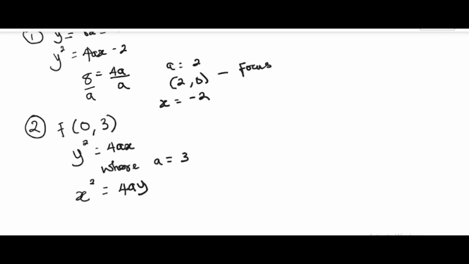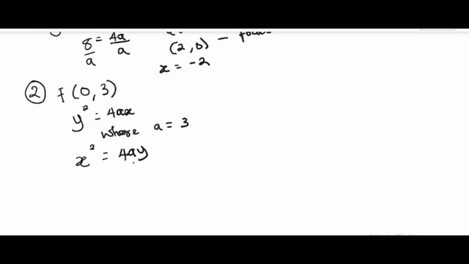Are we together? Beautiful. So please always take note of these things. So we have that x squared is equal to 4 times 3, which will give us 12y. So this is the equation of the parabola, given that the focus is (0, 3).